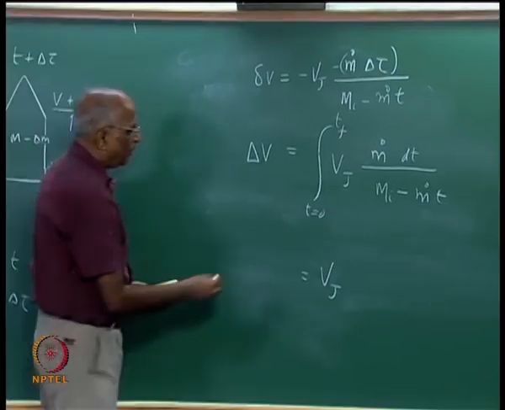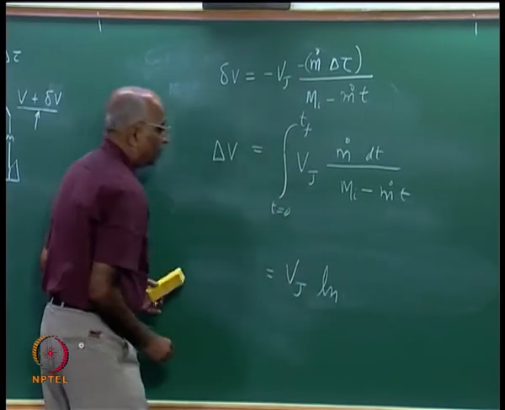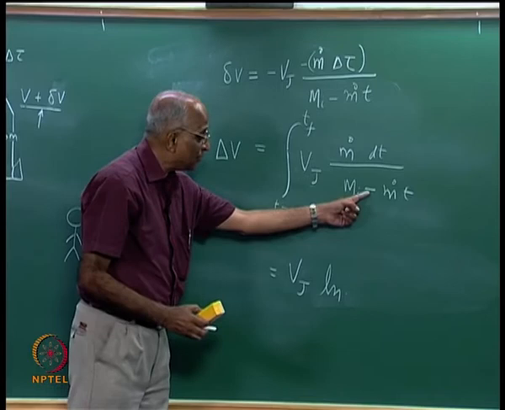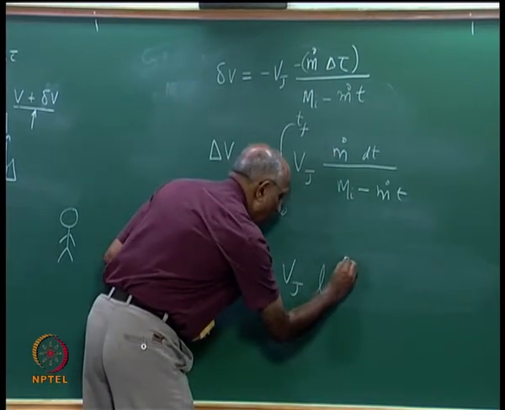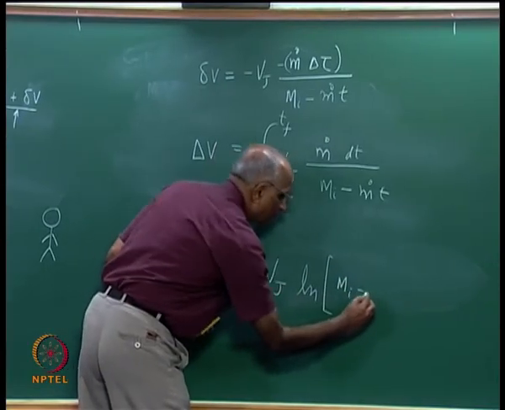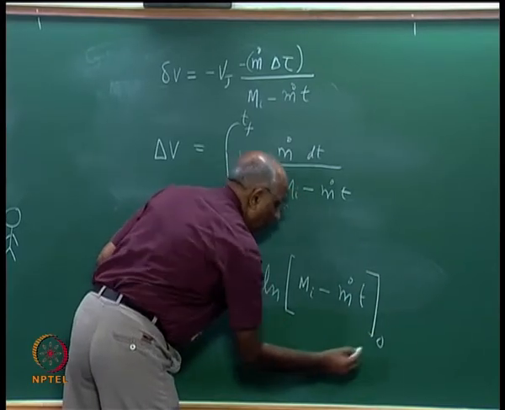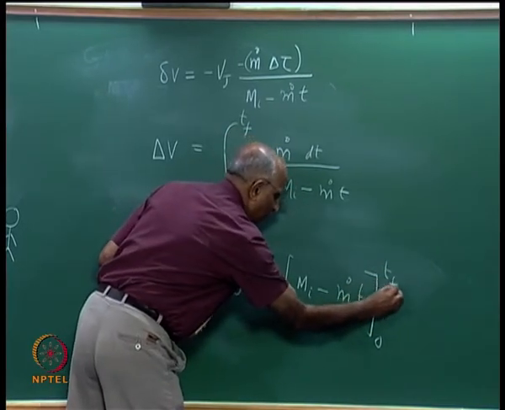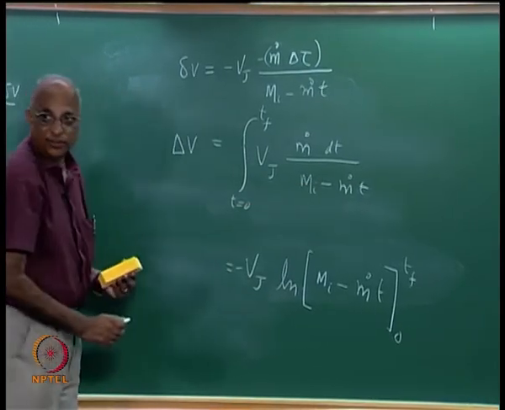Now when I do this I get a logarithm; 1 over m dot cancels, and I get ln of mi minus m dot t going from 0 to the final value of t, and of course, I get a negative sign because of this over here.